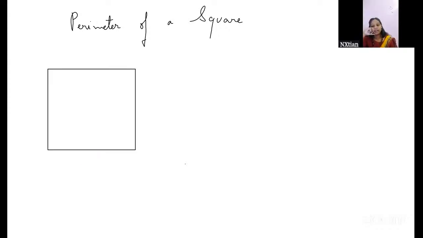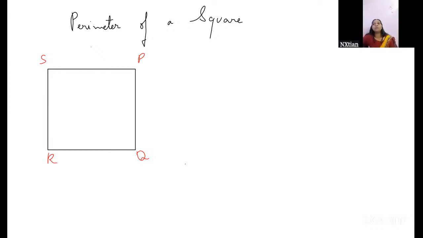I have a square, and let's name it PQRS. Ma'am, you wrote PQQ. Yeah, the R looks like a Q. PQRS.